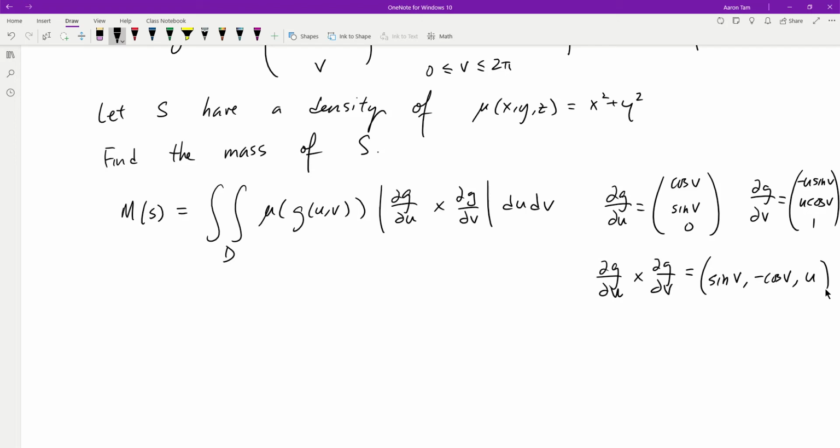The last one is a little tricky because it actually comes out to be u cosine square v plus u sine square v, which then, since cosine square v plus sine square v becomes 1, just becomes u.